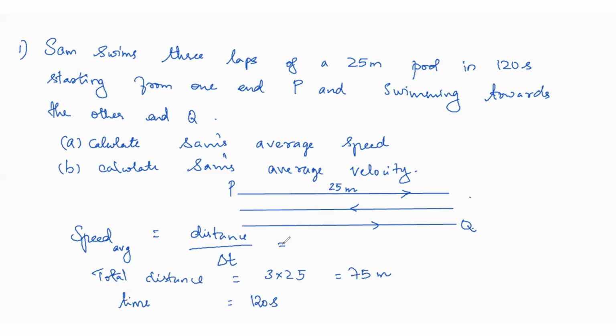Substituting these values in equation number 1, we get speed is equal to distance over time, that is 75 over 120, which is equal to 0.625 meters per second.